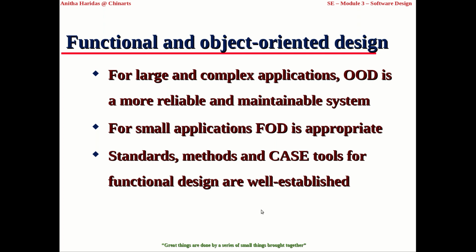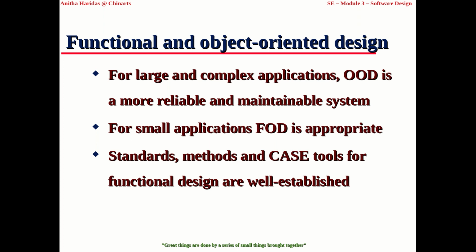So under function oriented design, we have discussed what is function oriented design, what are the two structures used, top down and reusable structure. Then we have discussed what are the different design notations used. The 4 design notations are data flow diagrams, data dictionary, structure chart and pseudocode.